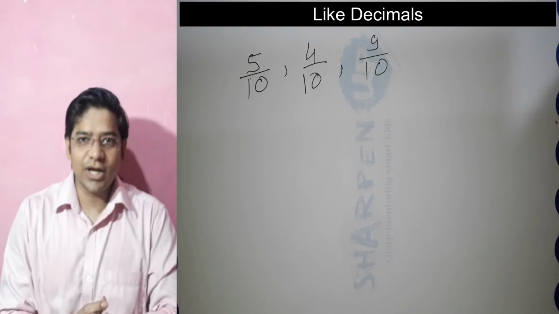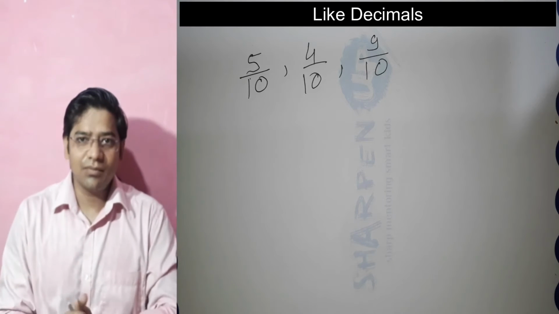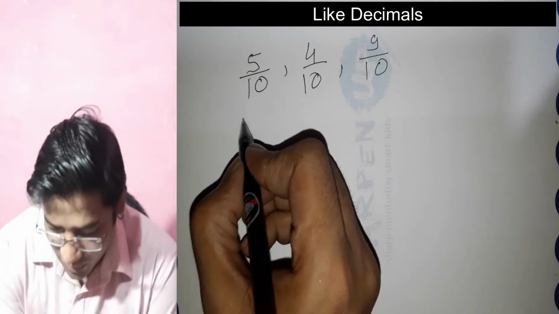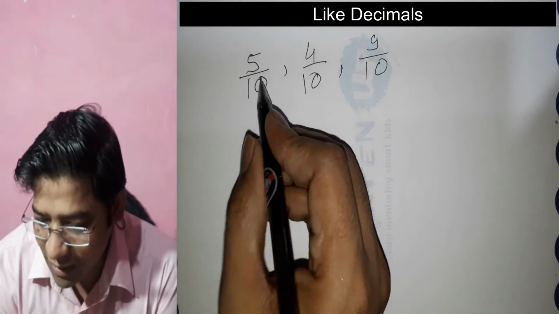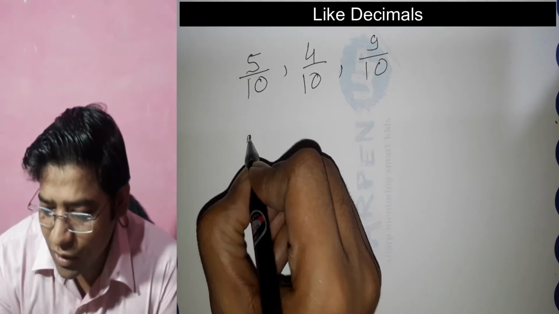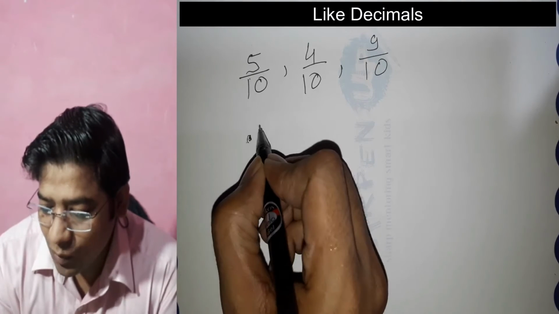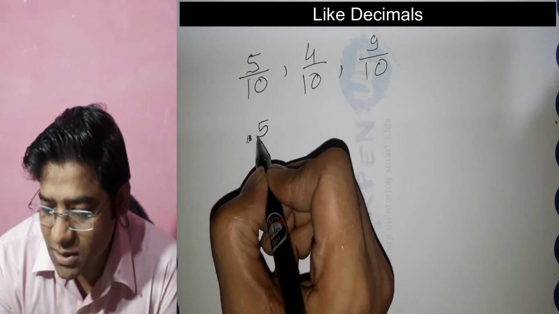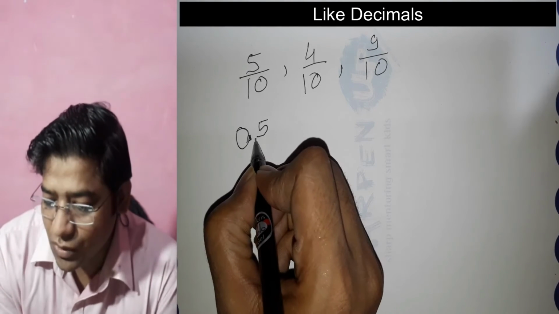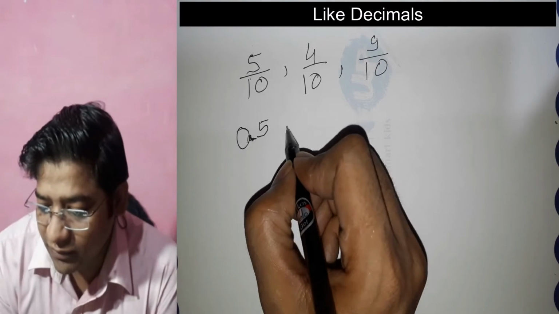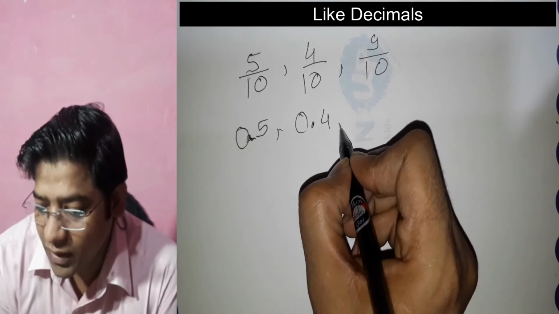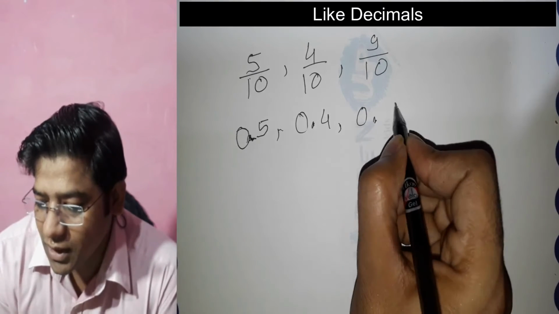So we know that decimals and fractions are somehow related, so there will be some connection between them. Let's see what the connection is. So these are like fractions. If I convert them into decimals, as we can see here, this is 10, so the numerator comes after the point at the first place, so this is 0.5. If there is no whole number, then we write 0 here, so this is 0.5. In the same way we can write 0.4 and 0.9.